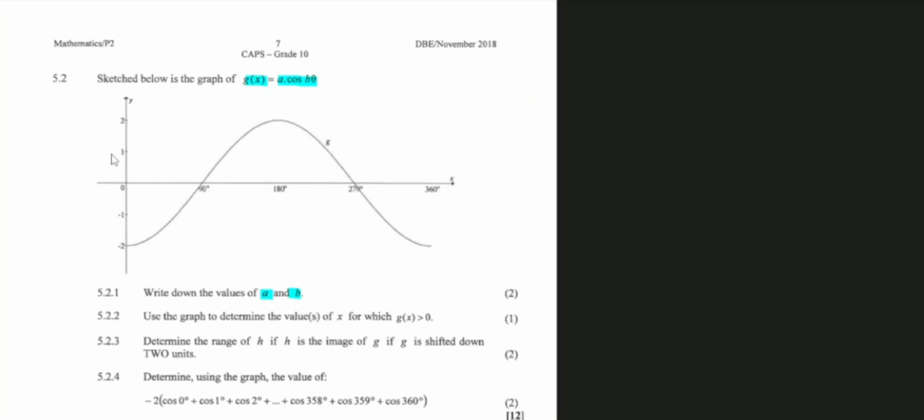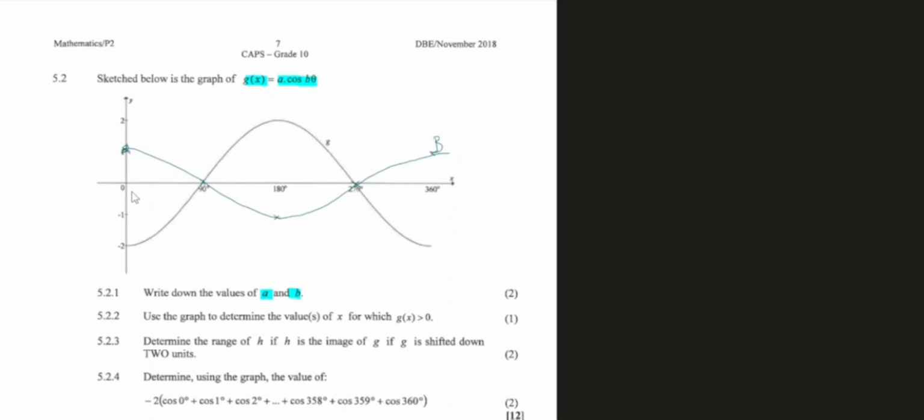So with the base model, where x is equal to 0, y will be 1. Where x is 90, y will be 0. Where x is 180, y will be -1. Where x is 270, y will be 0. Where x is 360, y will be 1. So this is the base model, right?